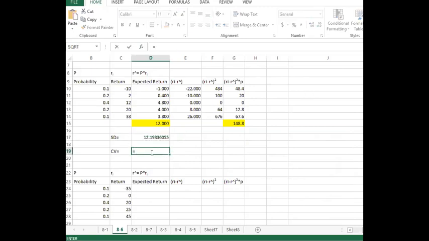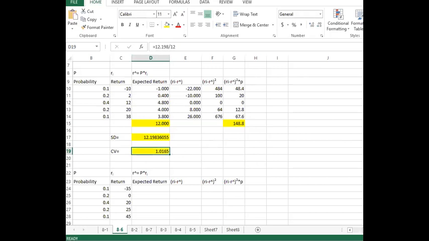And the last calculation is for coefficient of variation. So coefficient of variation is standard deviation 12.198 divided by expected return, which is 12. So coefficient of variation is 1.0165.